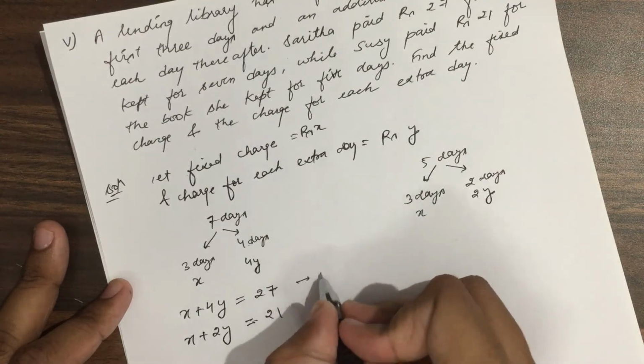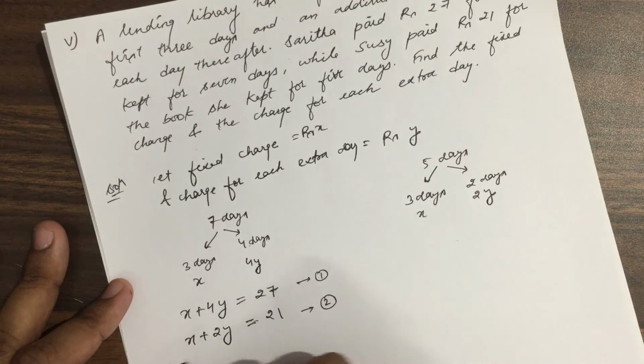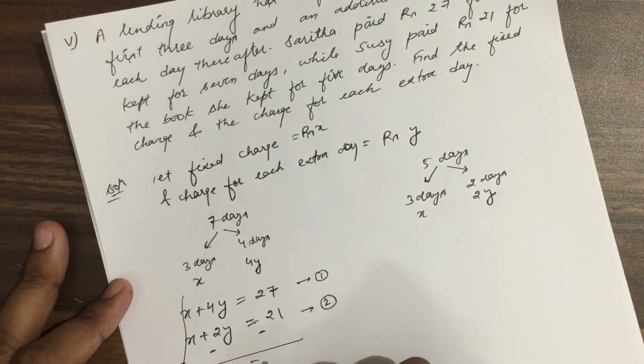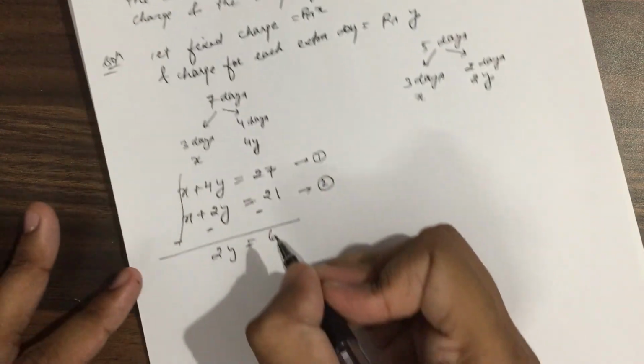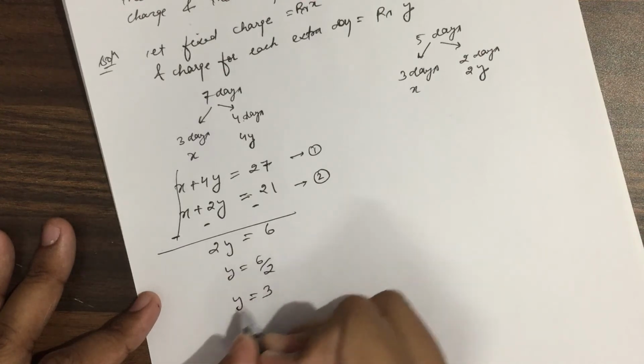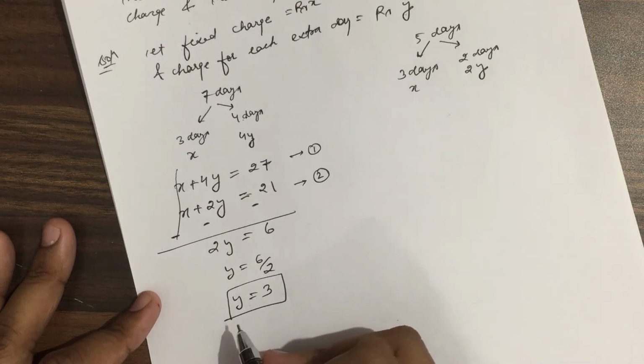So these are your equation 1, this is your equation 2. So simply subtract it, this will be cancelled. 2y equal to 6, this will give you y equal to 6 upon 2, this will give you y equal to 3. Now we have to find the value of x.